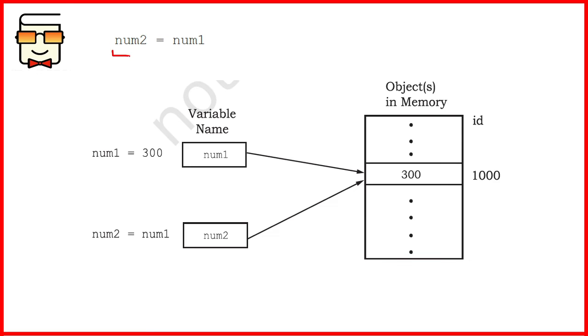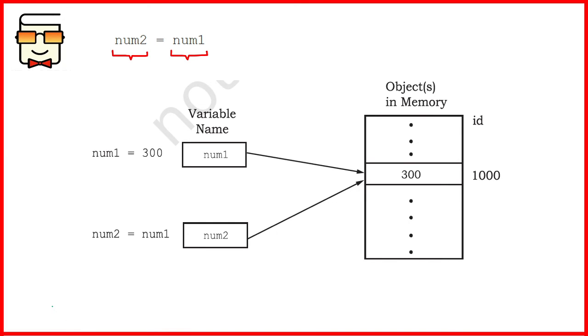Now we execute a second statement. In this statement, we create a new variable num2 and we assign the value of num1 to this variable num2. So when we write this statement num2 equals num1, we actually want num2 to store the same value that is present in num1.